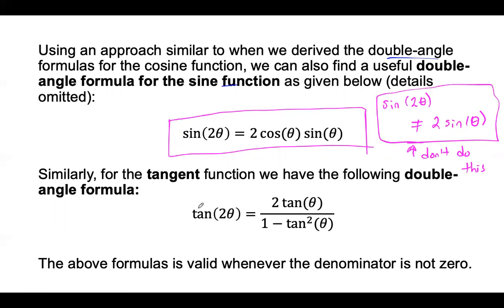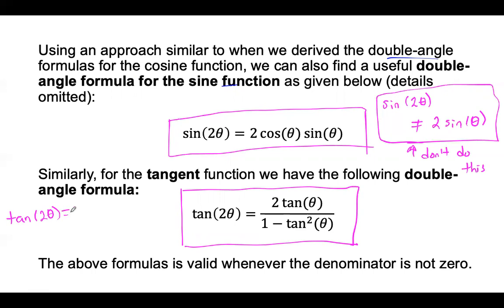Also for tan, the double angle formula for tan is this one down here. And you can sort of derive it. I won't derive it, but I'll just give you the idea to the side.